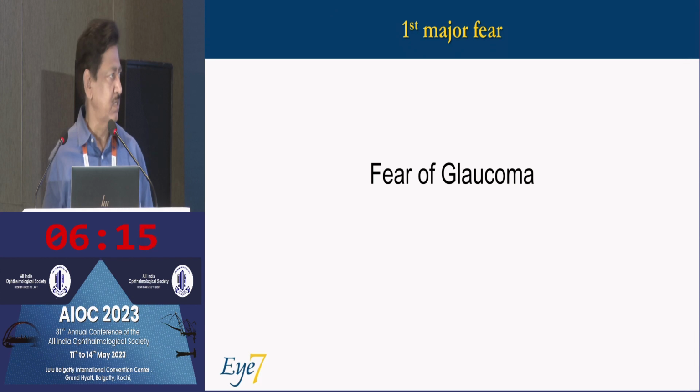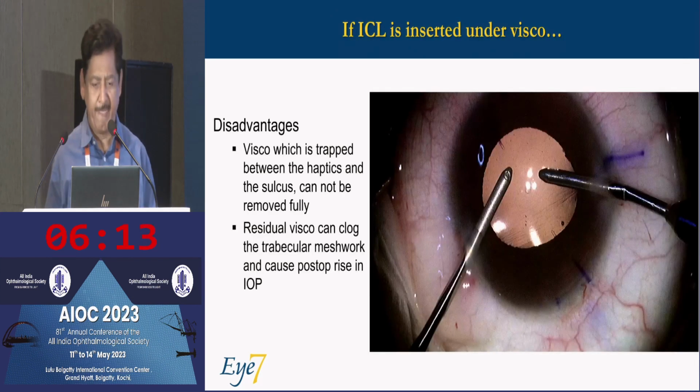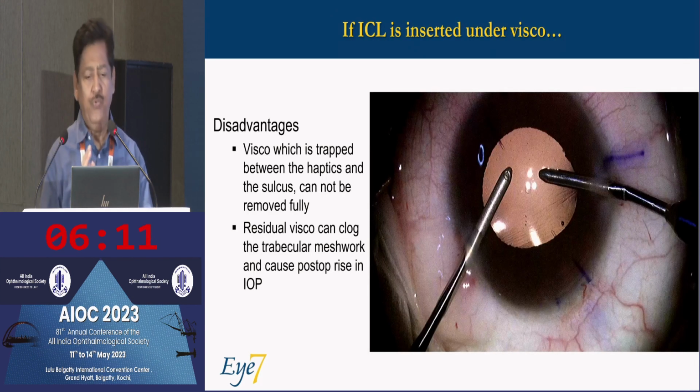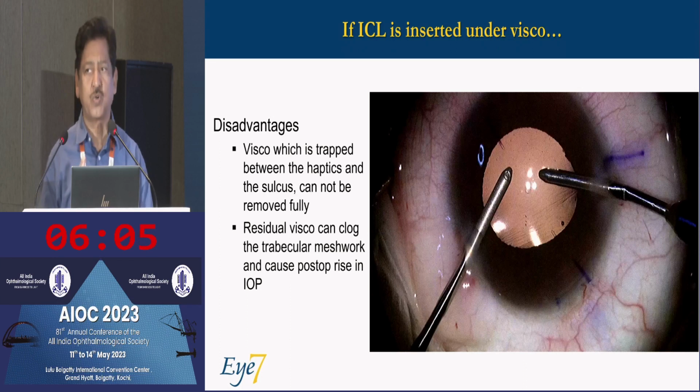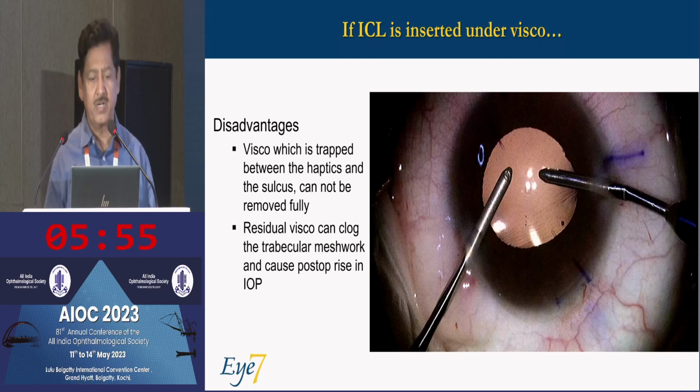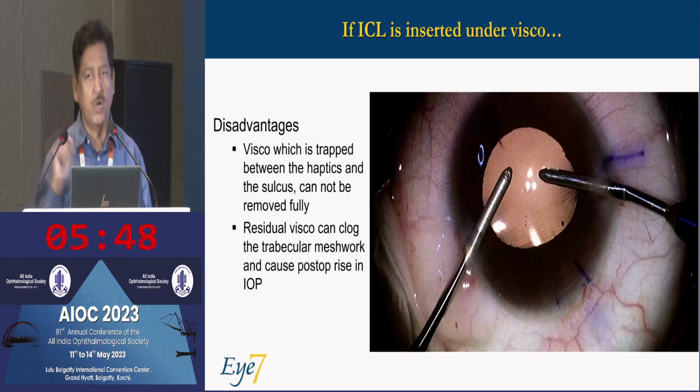First, the fear of glaucoma. If ICL is inserted under visco, which is the most common way of inserting a phakic IOL, there is a disadvantage: the visco trapped between the haptics and the sulcus at the periphery cannot be removed fully.